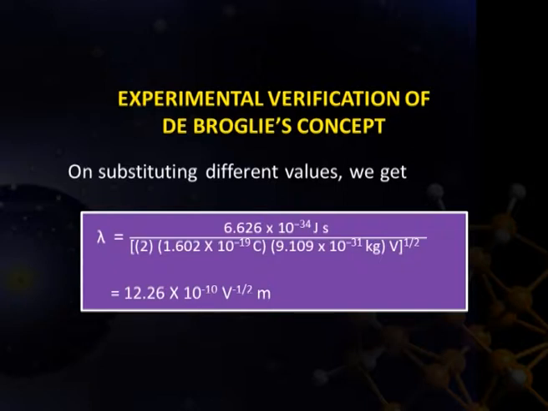6.626 × 10^-34 joule second upon 2 × 1.602 × 10^-19 C × 9.109 × 10^-31 kg × V to the power half, which equals 12.26 × 10^-10 V^-1/2 meter.